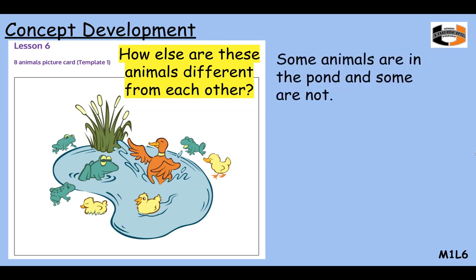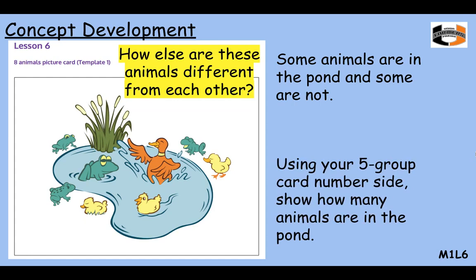Some animals are in the pond and some are not. Using your 5-group card number side, show how many animals are in the pond. That's right, there are 3 animals in the pond.